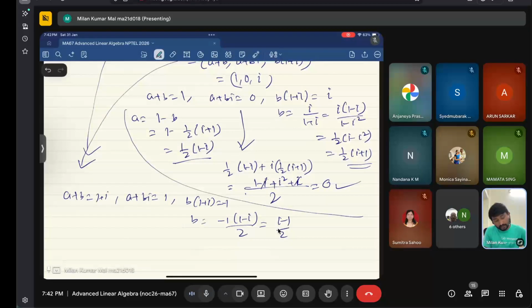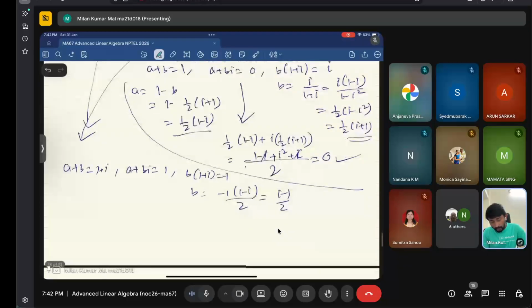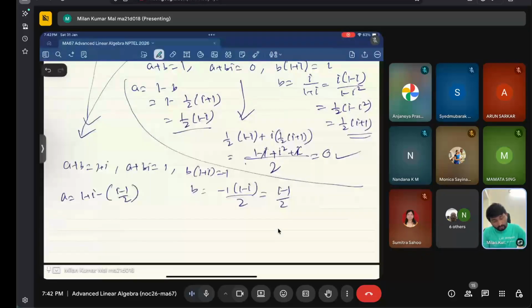So if b is this, then a will be 1 plus (i minus 1) by 2, right? Because that is what b is. So this will be (2 plus 2i minus i plus 1), so this will be (3 plus i) by 2. So now let me check whether these are feasible or not.